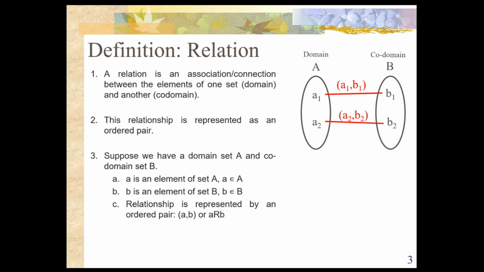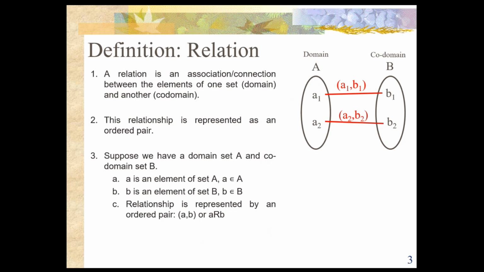It is connected to the second set, set B on the right-hand side, which we call codomain. So the source set is domain, the target set is codomain. The association or connection is between the elements of the domain set to the elements of the codomain set.